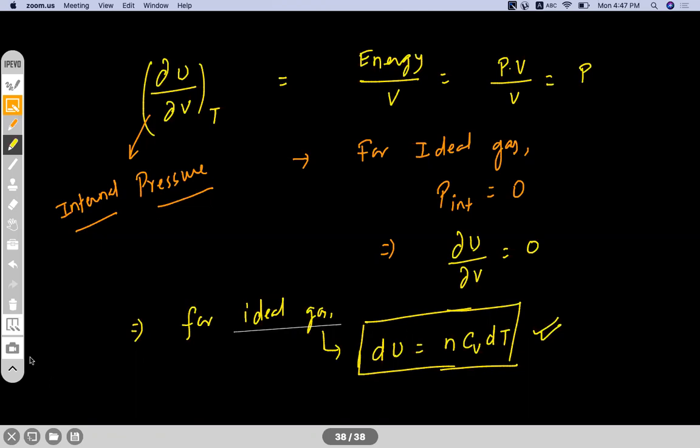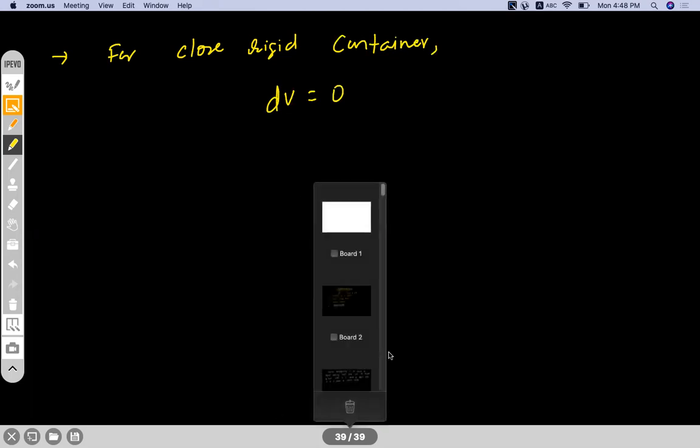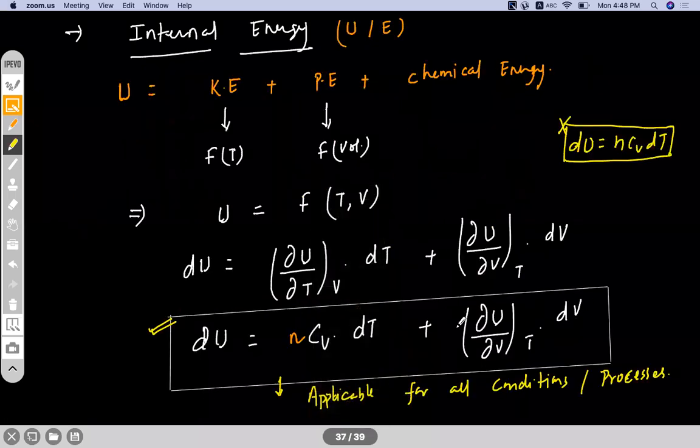Now, one more thing you see. Second condition in this. If you have a closed rigid container, what is dV for a closed and rigid container? dV is again 0, right? So when dV is 0, look at this expression here. If this dV is 0, again du is equal to what? ncv dt, right?